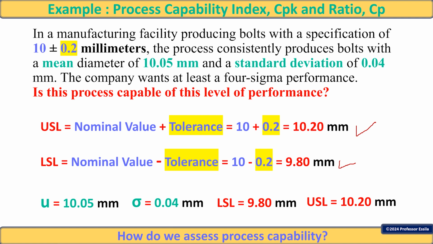Just remember that the average was 10.05 and that the standard deviation of this process is 0.04.